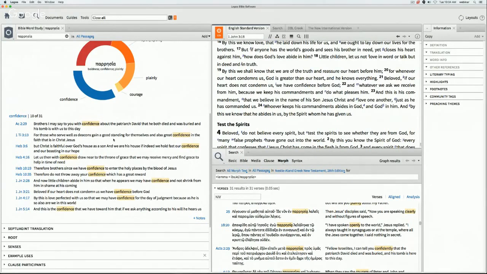Now, it's important to remember that this is just the translation of the Greek word into this particular English word. This is not all of the occurrences of the English word confidence in the ESV. This is only where confidence occurs as the translation of parousia.